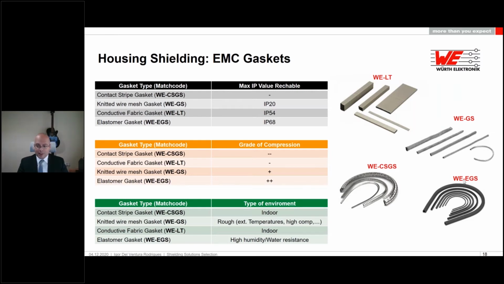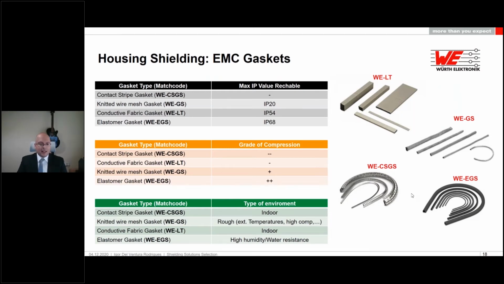And last but not least, you have WeEGS, which is really similar to rubber. So it looks really similar to grabbing a piece of rubber. Basically, it's silicone with nickel carbon. So although it's a rubber, it's conductive, so it can grant you your shielding.